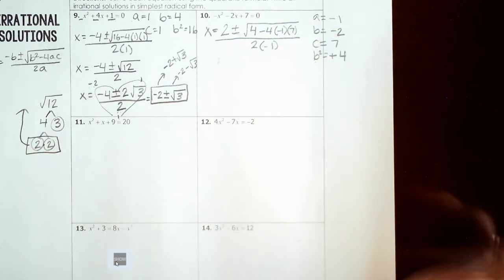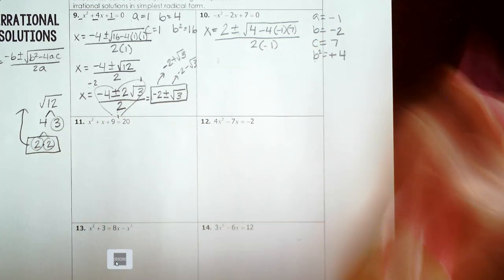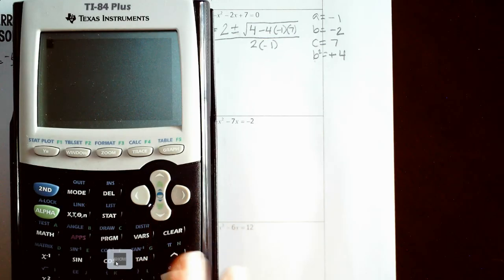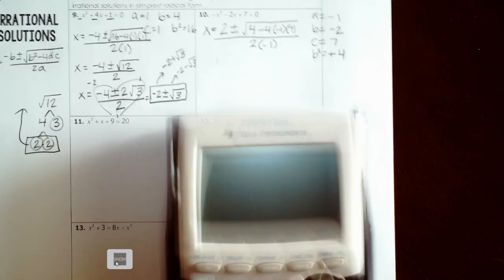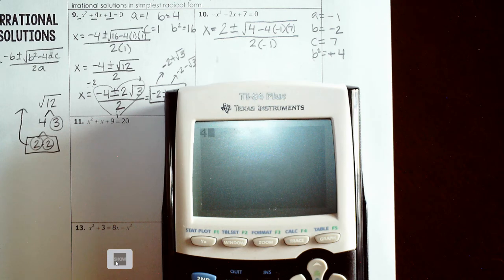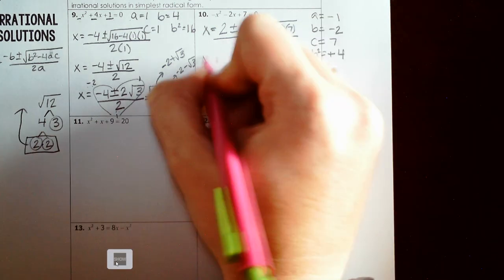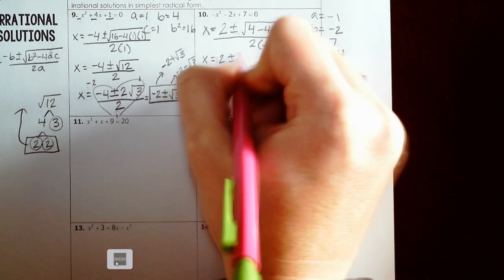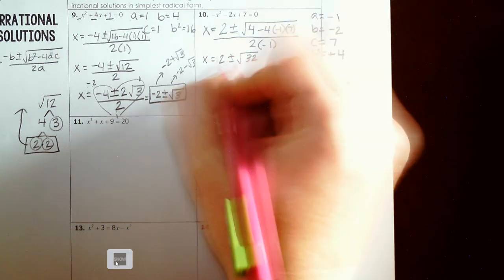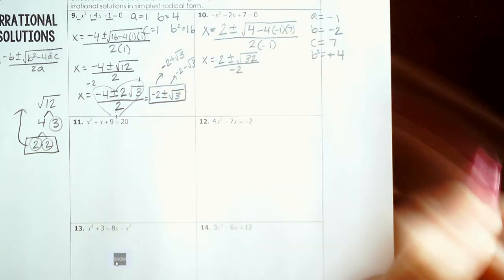All right, we're going to type in our discriminant. So I have 4 minus 4 times -1 times 7, and I get 32. So I have x equals 2 plus and minus the square root of 32 over -2.